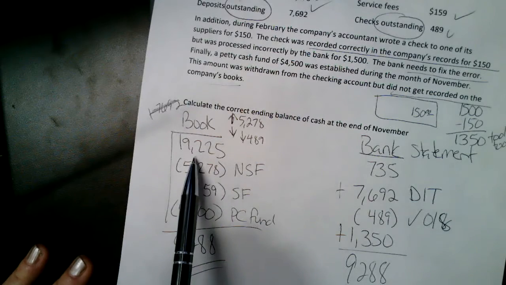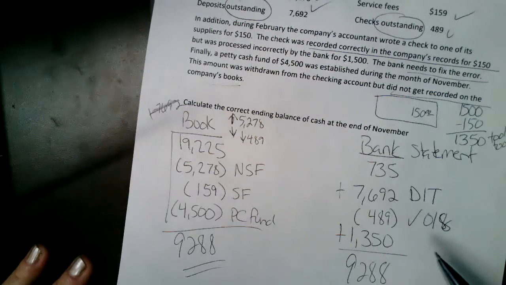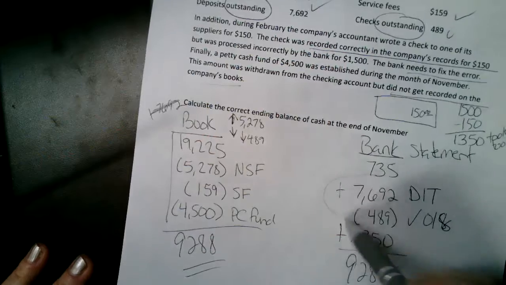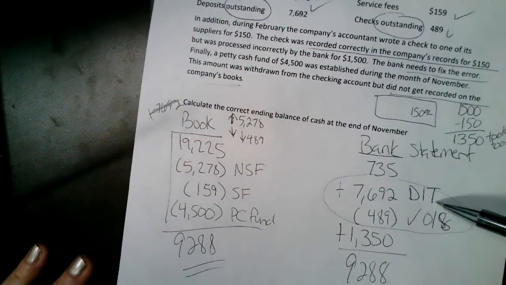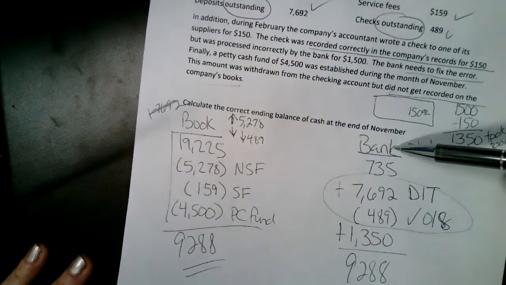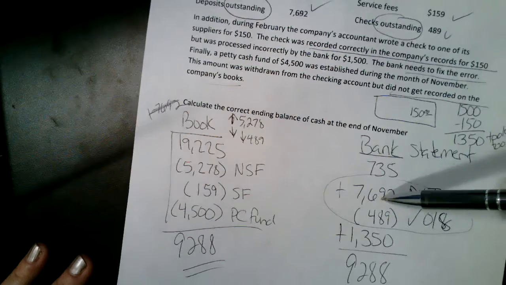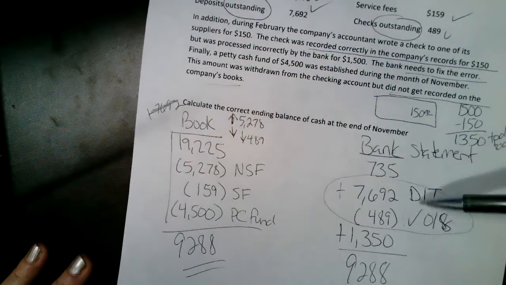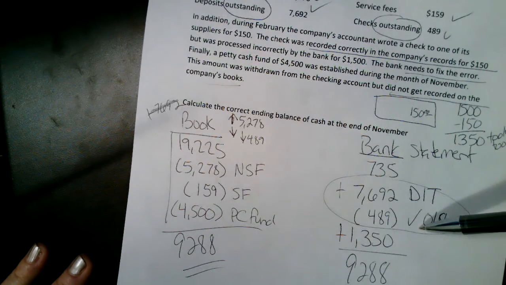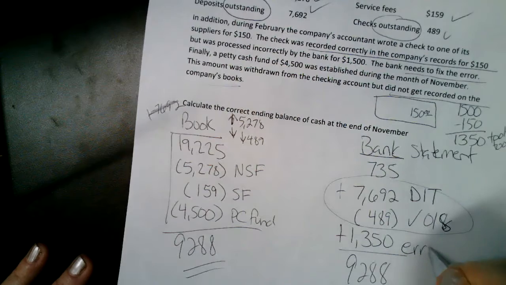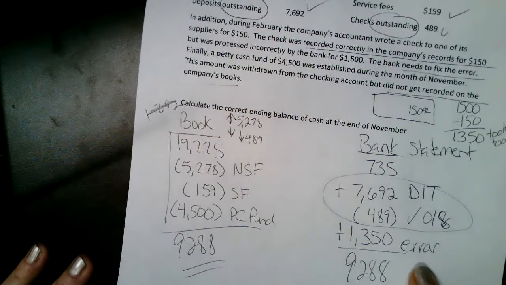So our ending balance should already reflect that. If it's still outstanding, it just means the bank didn't know about it. So these amounts are always going to occur on the bank side of things. Deposits, of course, are going to add to how much we have, and checks are going to subtract from how much we have. Like I mentioned, errors can be on either person's side. It depends on who made the error.